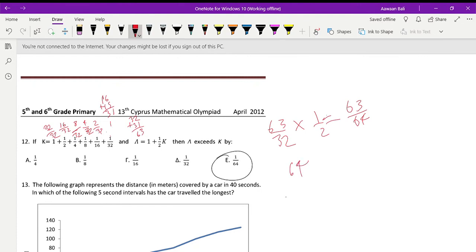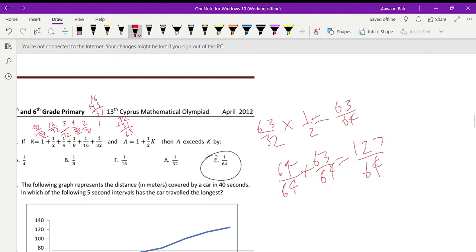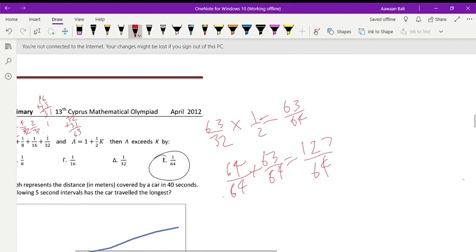So 64 upon 64 plus 63 upon 64 is equal to 127 upon 64.